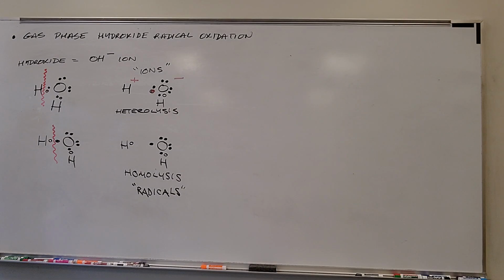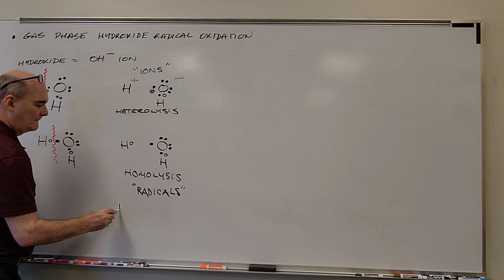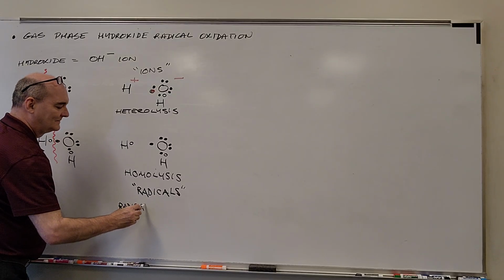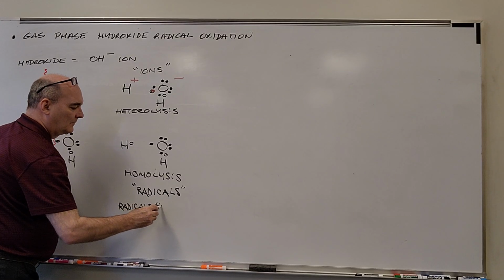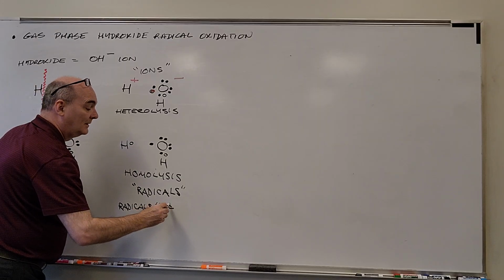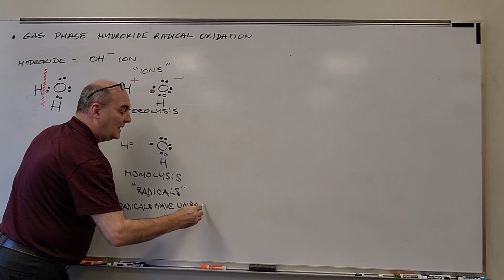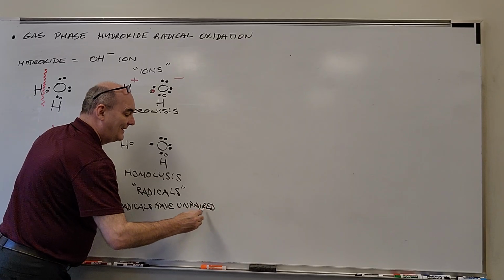What is it that you have to have in order to be a radical? We did mention it once before, a long time ago. Has to be unpaired. Yeah. Radicals have unpaired electrons.